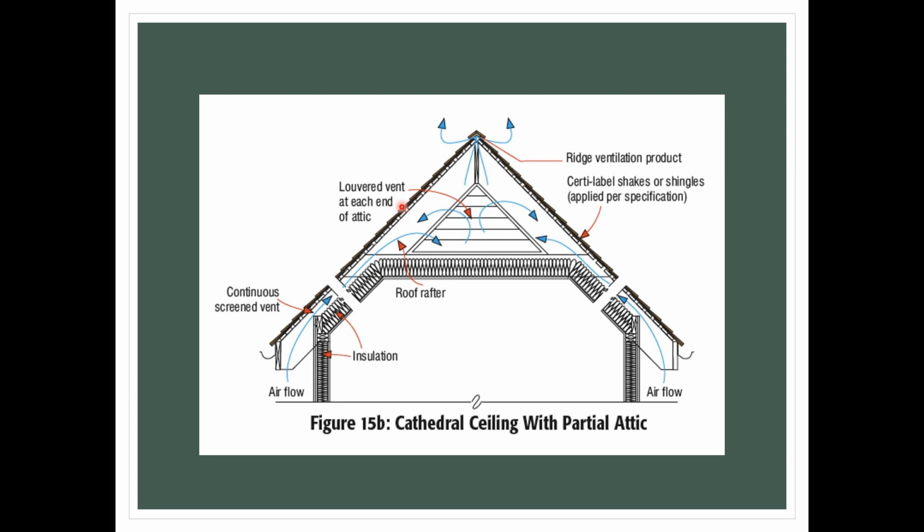We have a lower vent at each end of the attic. If you notice, at both ends of the roof, sometimes there are some openings. From side to side, you can see if there are any openings, normally like lower vents or small patterned openings, and that is to provide ventilation of the roof.